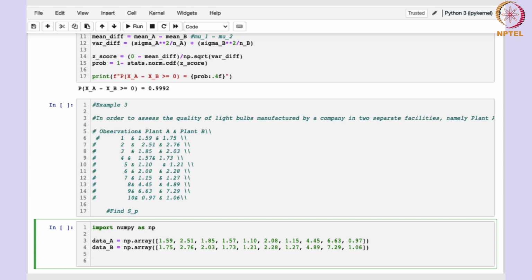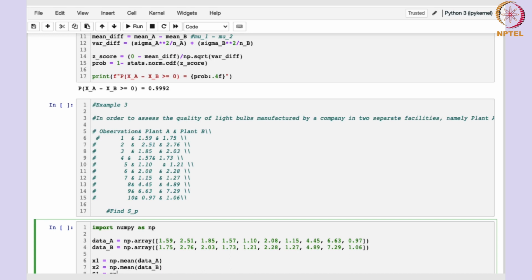So for calculating the mean, let me write x1 is found using np.mean of data_A, and x2 would be again the same thing, np.mean of data_B. We can likewise find the sample variance.